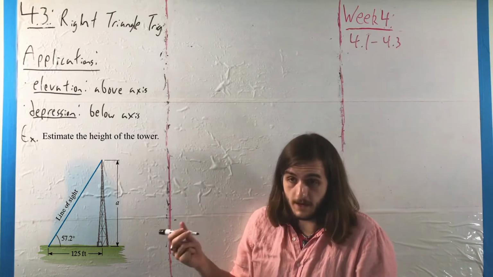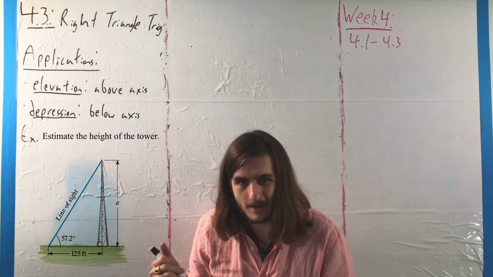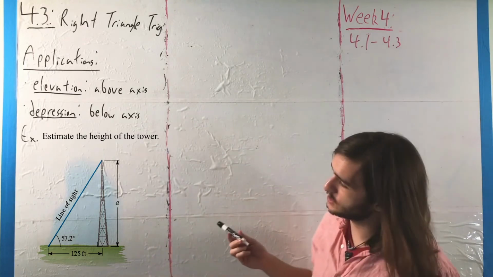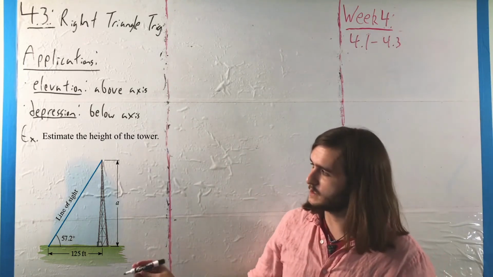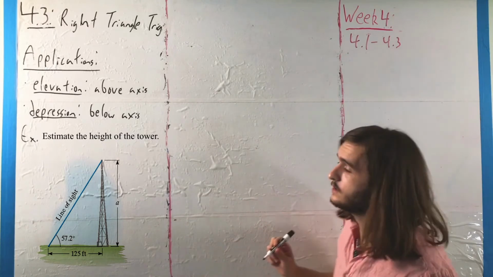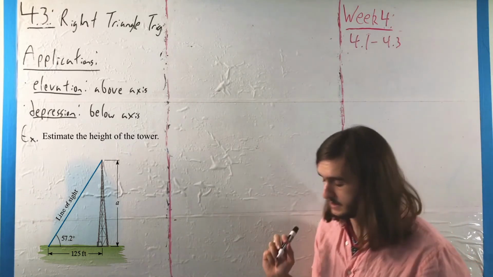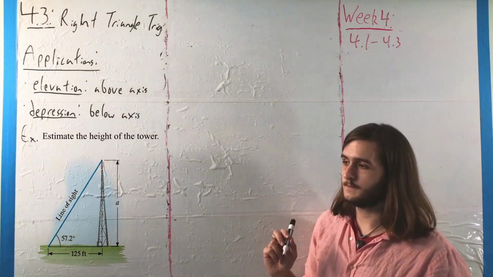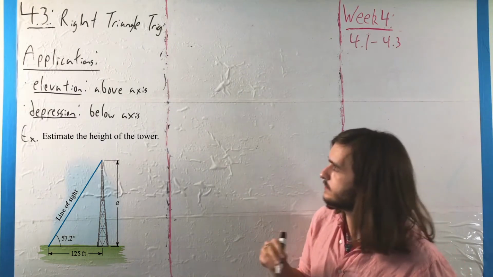In any case, we've got this potentially unreasonable information, but because looking at this picture, we can form a right triangle in terms of your position and the height with that angle, where the side opposite is the height that we're looking for.